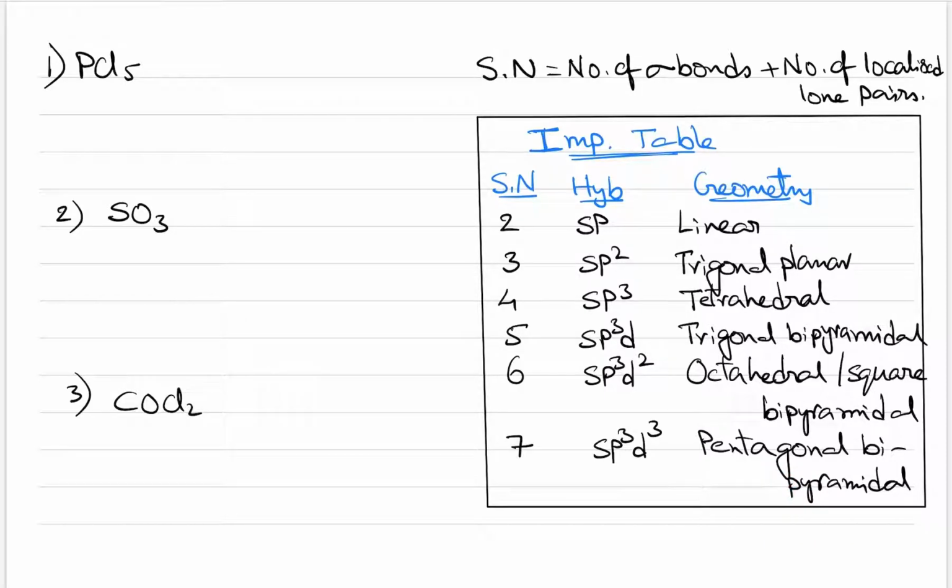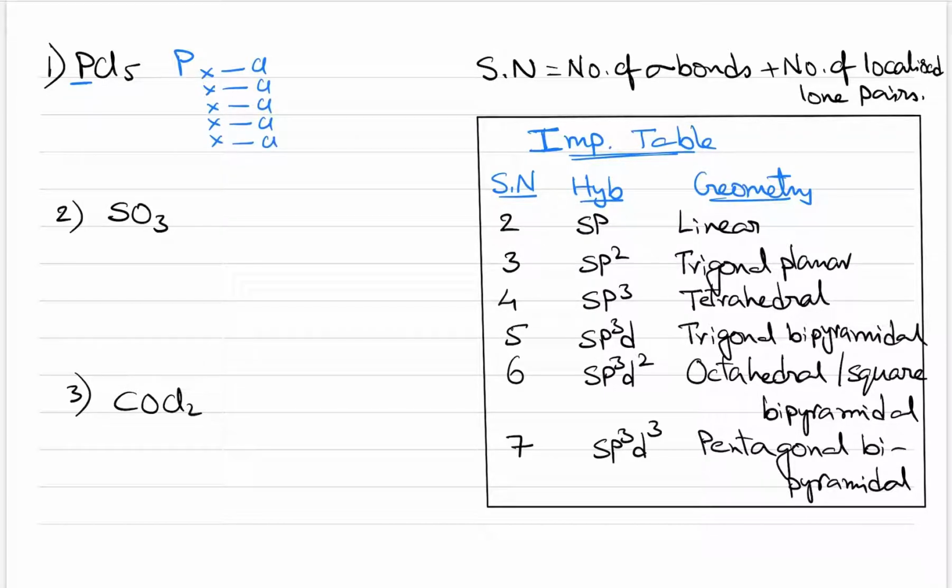Okay, now let's go to the PCl5 molecule. In the PCl5 molecule, the central atom is phosphorus. Phosphorus belongs to the 15th group, so its valence electrons are 5. Take 5 electrons here. Chlorine is the surrounding atom, and it is monovalent, so put a single bond with each chlorine atom like this.